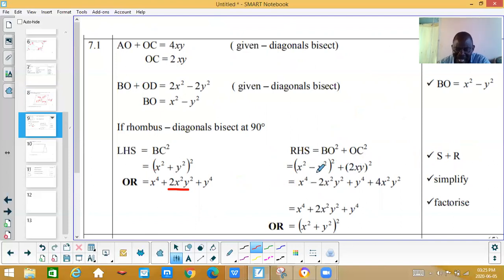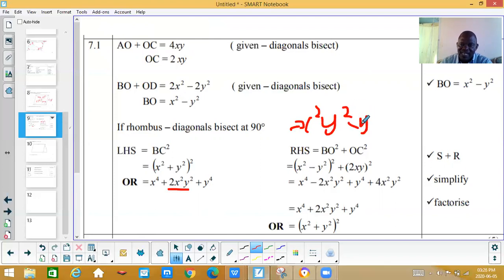Now, if we expand this one, x squared times x squared is x to the power 4. x squared times minus y squared is minus x squared y squared. Minus y squared times x squared is minus x squared y squared.